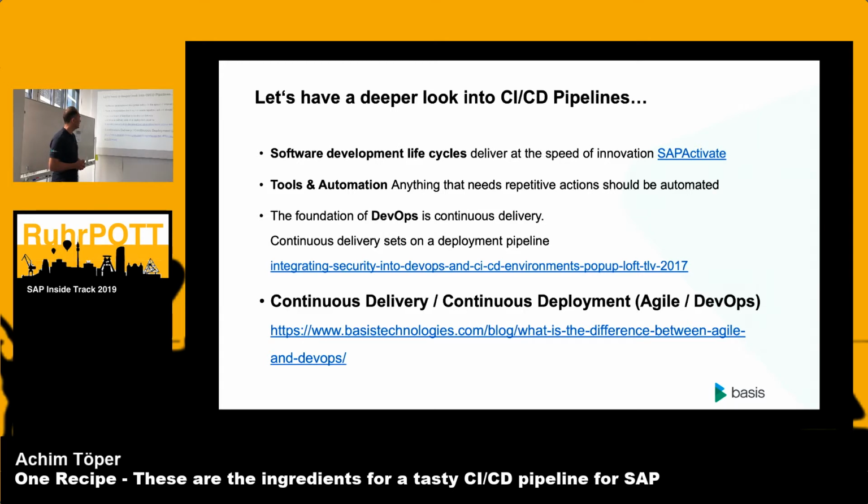Tools and automation, that is very, very much needed. So anything that needs repetitive actions should be automated. If it's development, testing, delivering into production, automated. Then, as I say here, the foundation of DevOps is continuous delivery, and continuous delivery sets on a deployment pipeline. If you want to go more into detail, then you can have a look at the blog post that I named here.